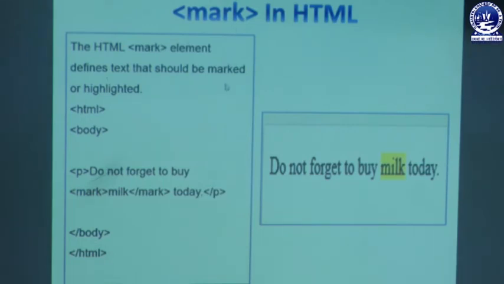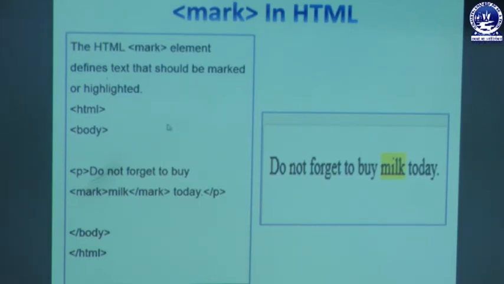So the mark tag is actually used to mark or highlight text within a group of text. You must have gone through notes or some books. Whenever you are reading a book, you have a marker through which you can highlight a text which you want to ask your parents or your teacher about, because of doubts or something like that. Whenever you are marking anything, you are marking with a marker in a normal yellow color.